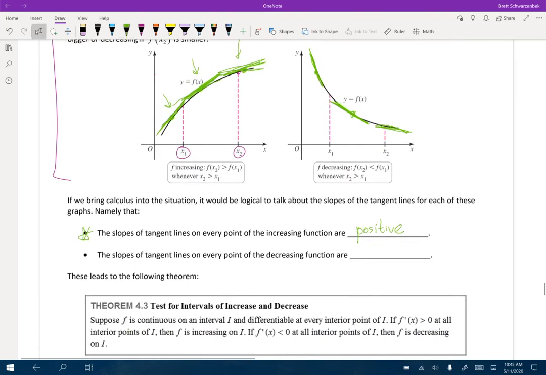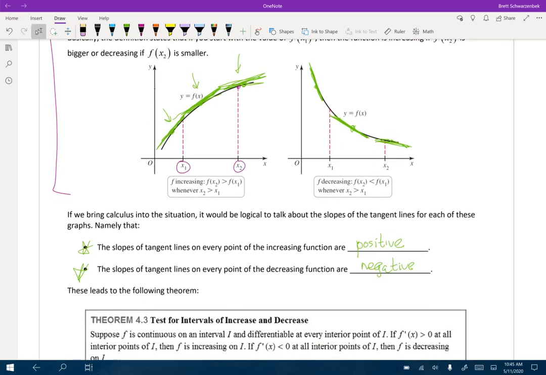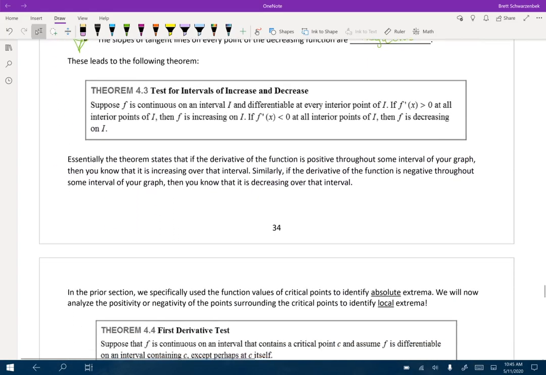All of those slopes are falling from left to right, so they're all negative. Anytime you have a decreasing function, the slopes of the tangent lines at every point will be negative. So that is the key concept right off the bat: we can determine if functions are increasing or decreasing on an interval based on the slopes of their tangent lines.